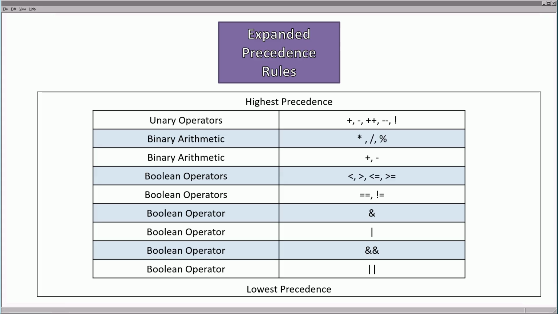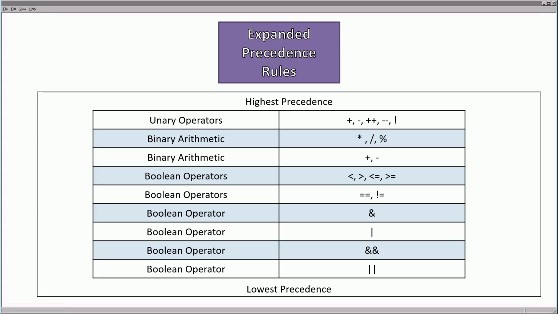The other unary operators are plus plus, minus minus, and the not operator. From there, we have binary arithmetic operators, which in this case are multiplication, division, and mod. We also have another classification of binary arithmetic operators, which is plus and minus.